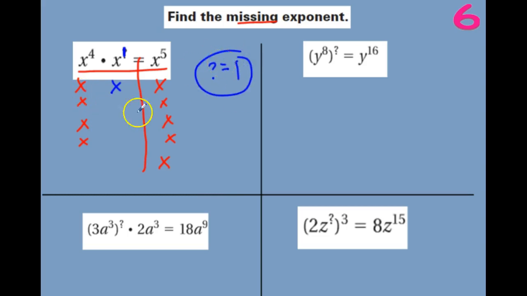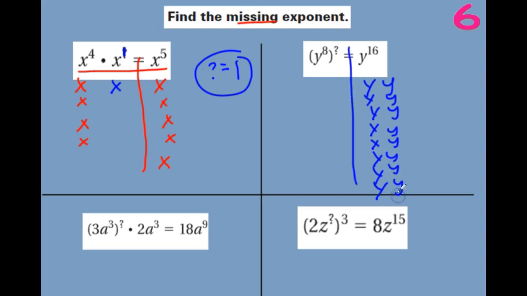We missed 1. Here, we need to get to a total of 16 y's. 1, 2, 3, 4, 5, 6, 7, 8, 9, 10, 11, 12, 13, 14, 15, 16 y's. Right now, we only have 8 y's. 1, 2, 3, 4, 5, 6, 7, 8.